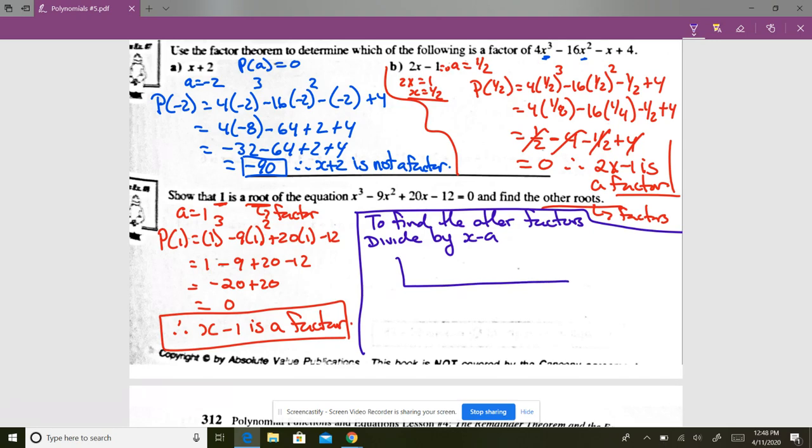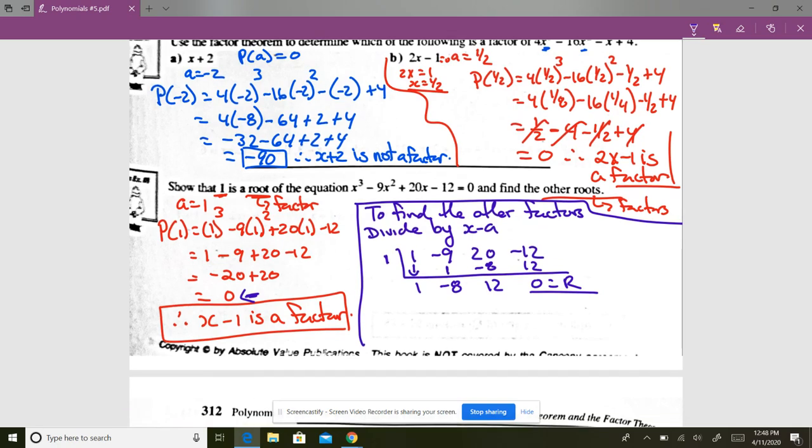Our a value is 1. We do the coefficients here: 1, negative 9, 20, negative 12. Now 1, negative 9 and 1 is negative 8. Negative 8 gives me 12. 12, so I get 0, which is good. I got the remainder of 0, which matches what we found right there.